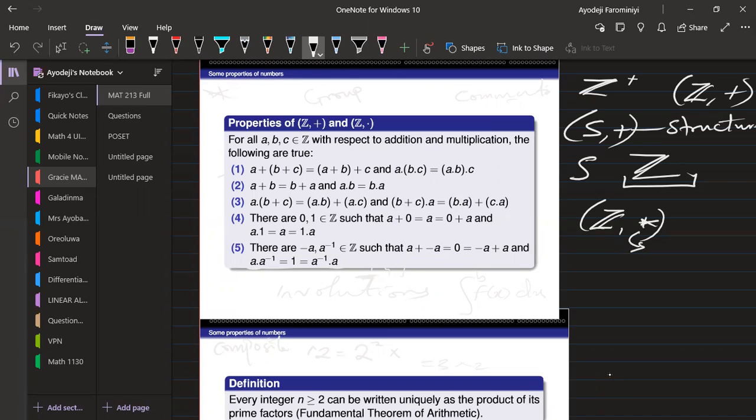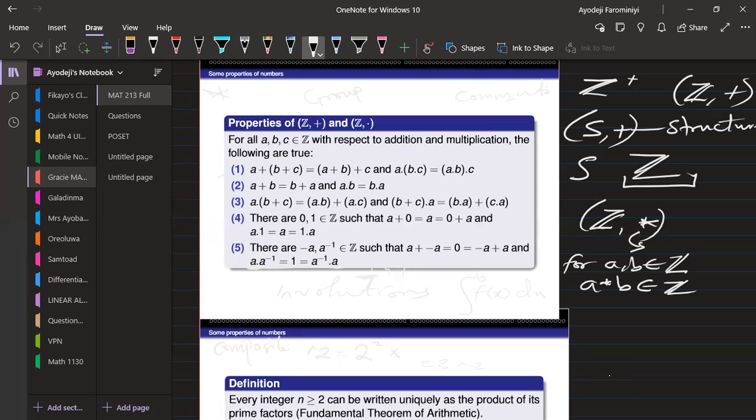Closure means if we take two elements of that set and perform the binary operation on them, then the answer will also remain in the set. That is, for a, b in the set, in this case Z, a * b is also in Z. Are you following?